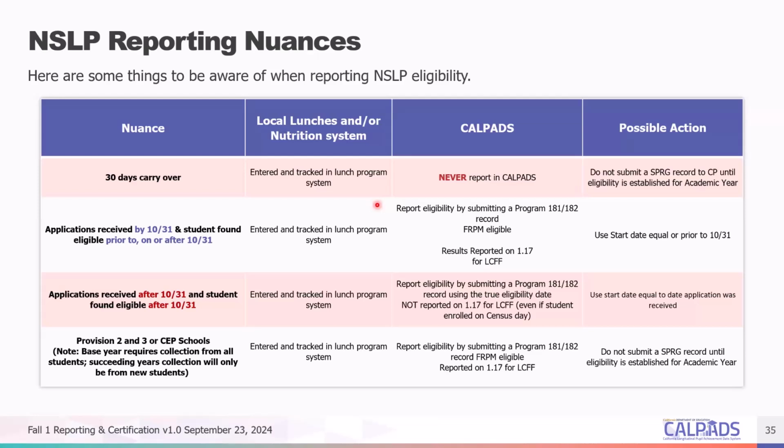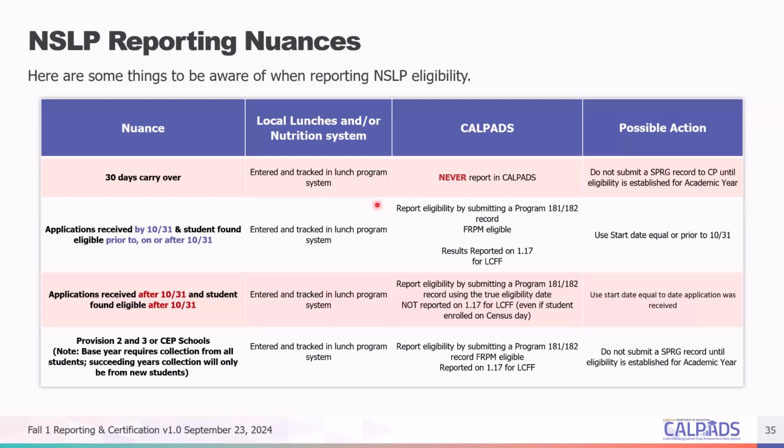I'm referring to those non-CEP and non-Provision 2-3 schools whose students were eligible last year but are enjoying free lunch during the first 30 days of the year because you're still waiting for the income form to be returned and validated and processed and determined to be eligible, right?